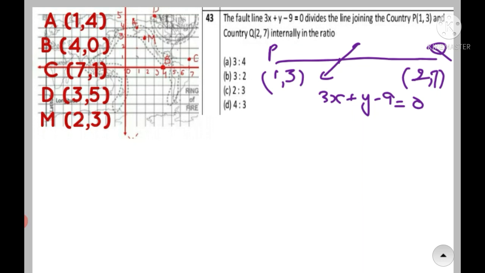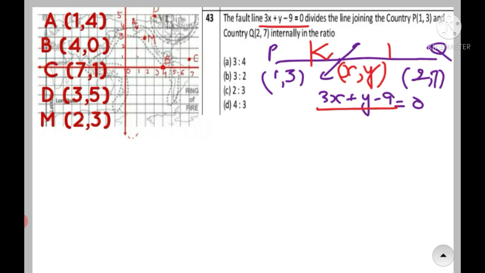In question number 43, we have to find the ratio in which this line divides the line joining the countries P and Q, and their coordinates are given. Let's suppose that the ratio is k is to 1 and the point is (x, y). Now (x, y) lies on this line, so we need to find the value of x and y and substitute it in the given equation.